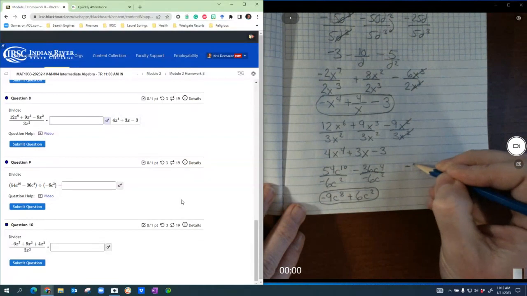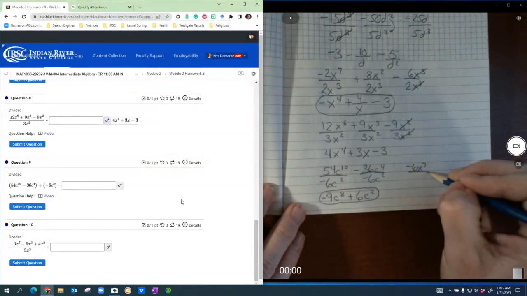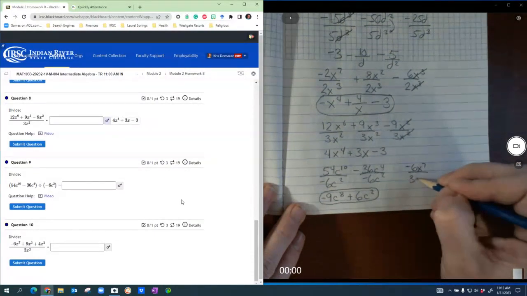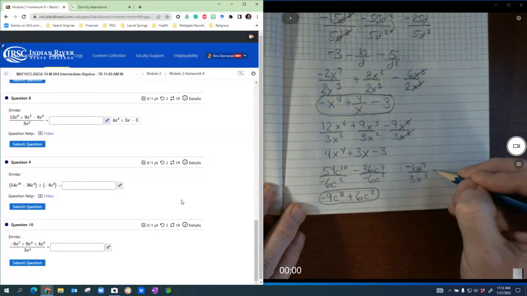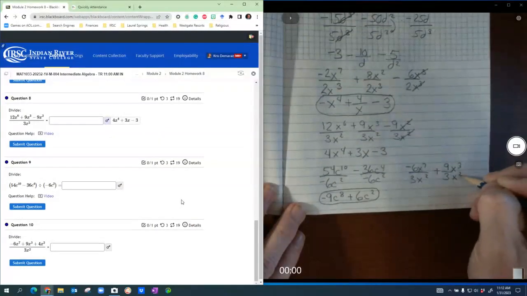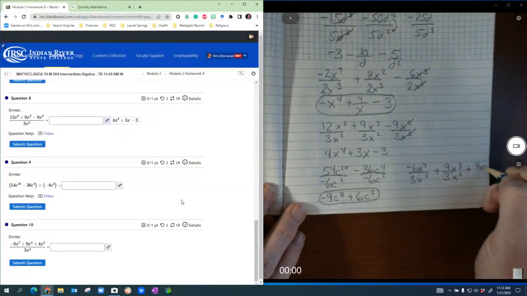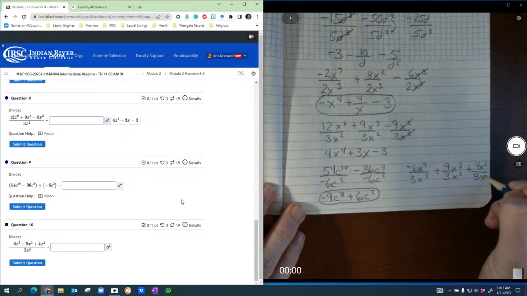All right, negative 6x to the 7th divided by 3x to the 2nd. Oh, excuse me, x to the 2nd. And then we have positive 9, positive 4x to the 2nd, negative 3x to the 2nd.